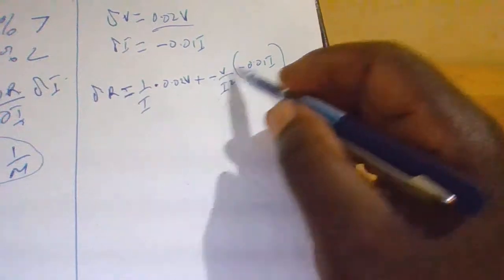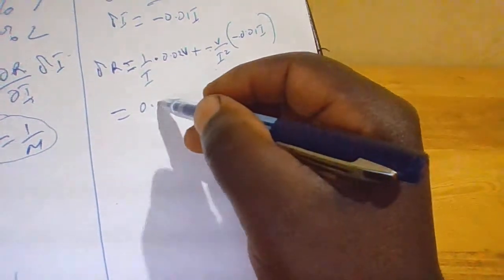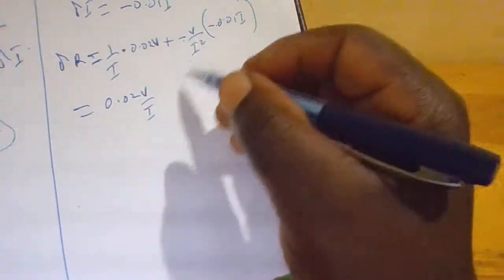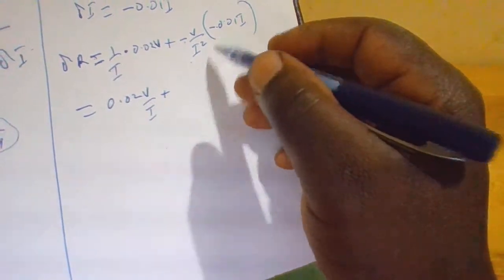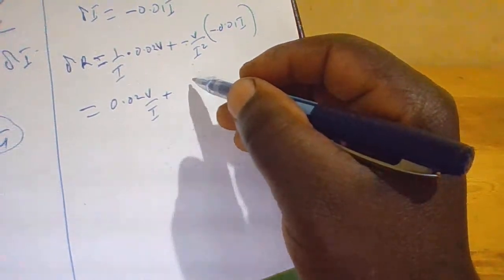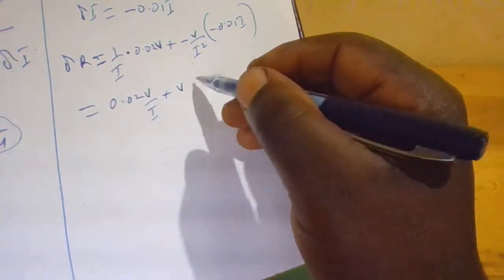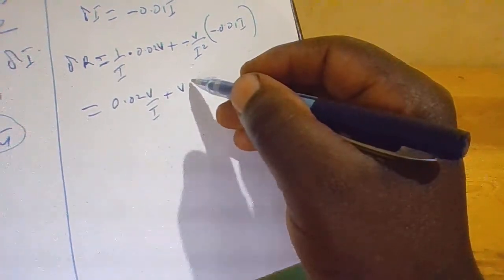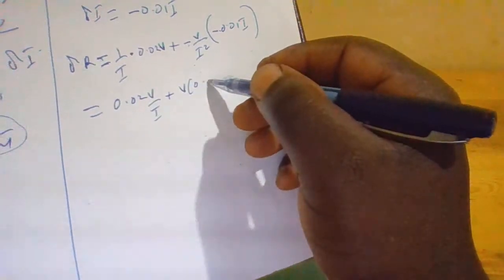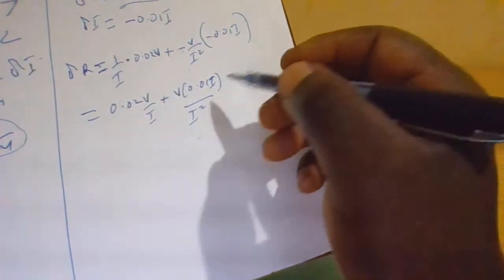Now minus and minus is positive, so this equals 0.02 V over current, plus V times 0.01 over current.